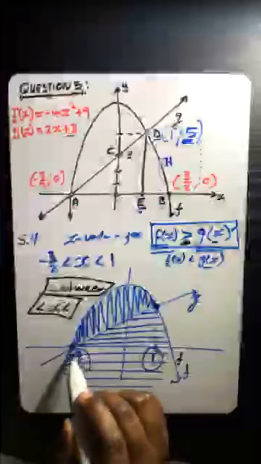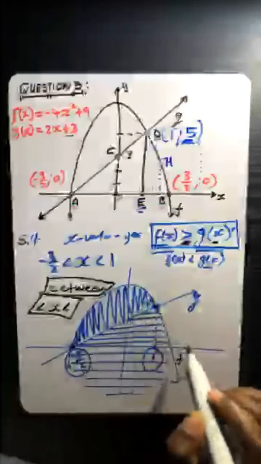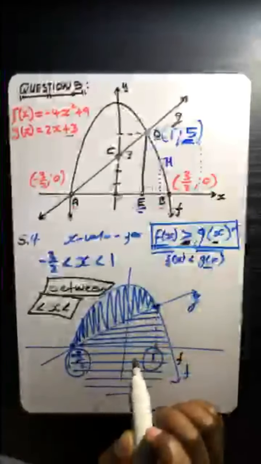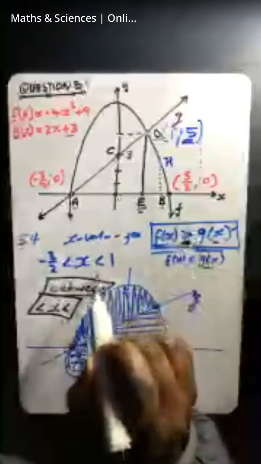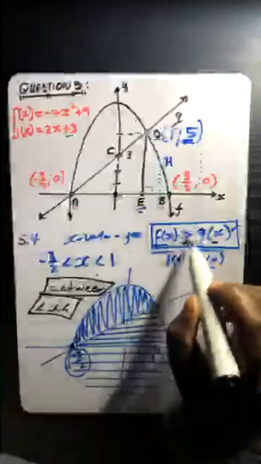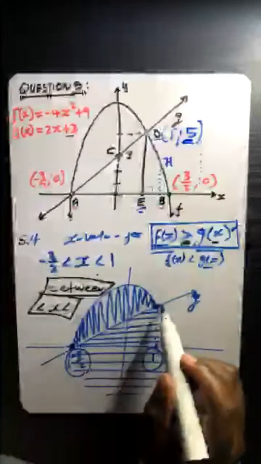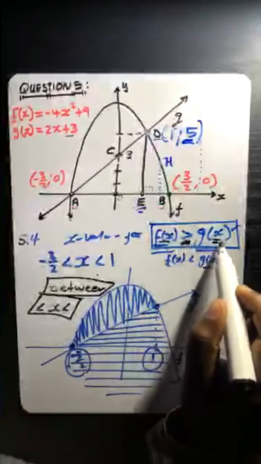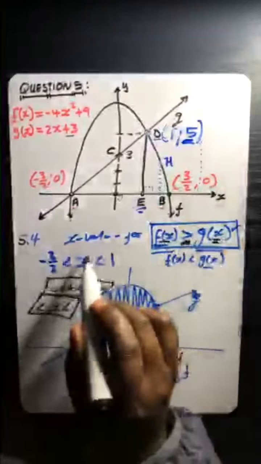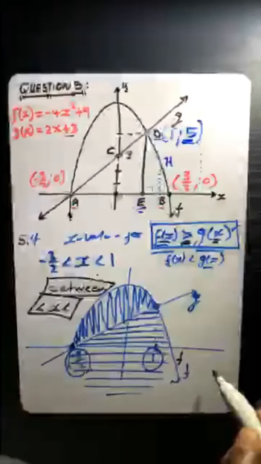It's between -3 and 2. As you can see, I've done a shading there. So it doesn't mean that this sign is how you should represent your answer. They are giving you a statement to say at which points you have this graph above that one. Then your answer is not influenced by how that sign is.